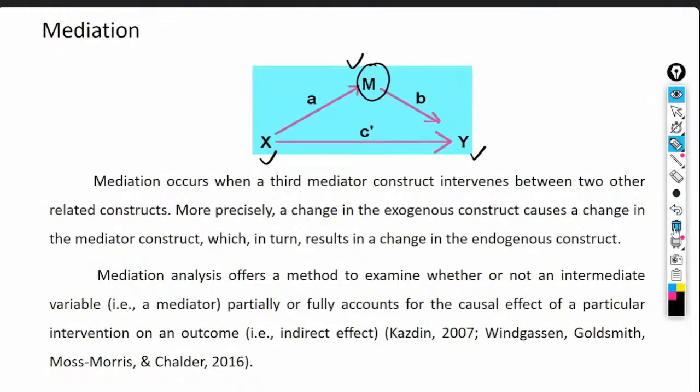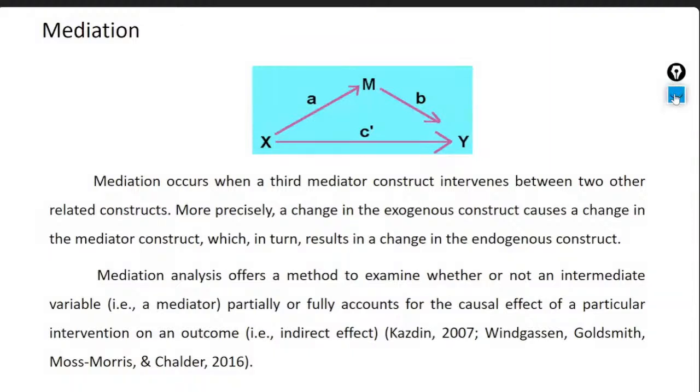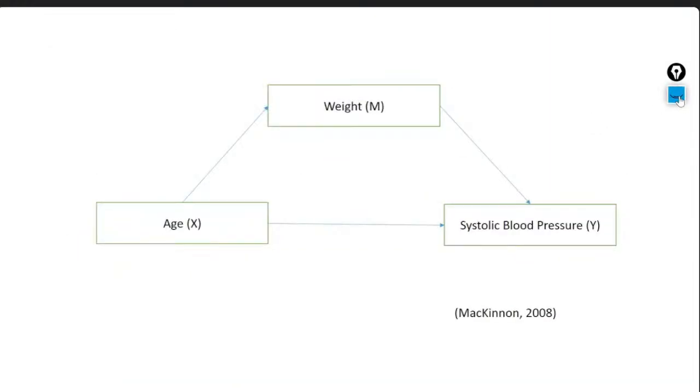So the mediating variable influences the relationship between the dependent and independent variable. It can control partially and it can control fully. Now here you can see the example.